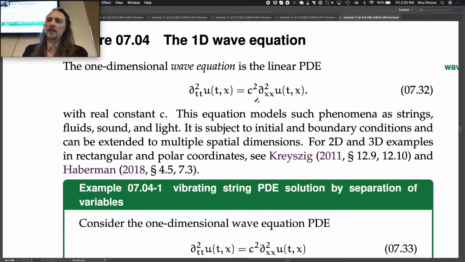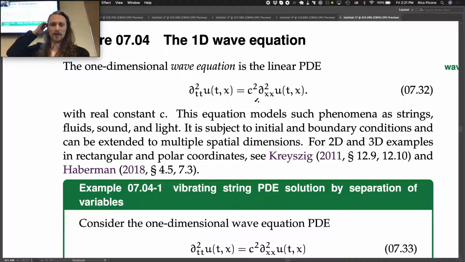This equation models such phenomena as strings vibrating, fluids, sound, and light. So pretty much anything that behaves like a wave can be described, at least in some instances, with this PDE. You guys have probably seen this show up. If you took the vibrations class, it certainly had this equation in it, probably derived from first principles, taking a single element and looking at it in the string.